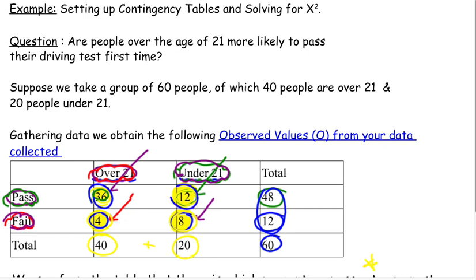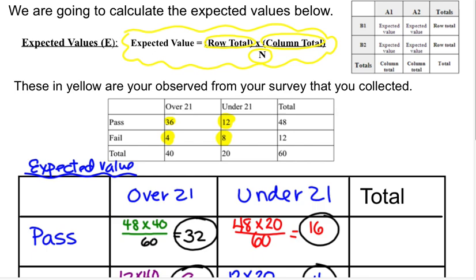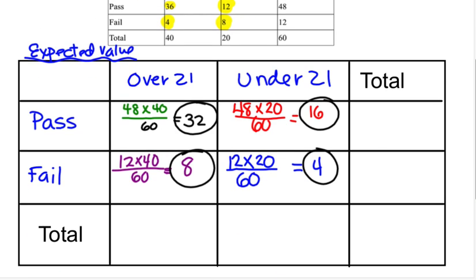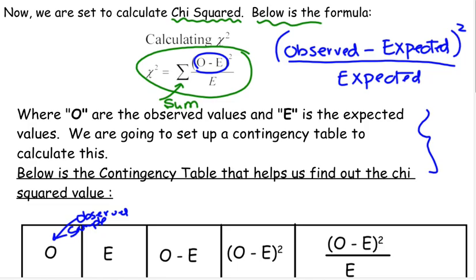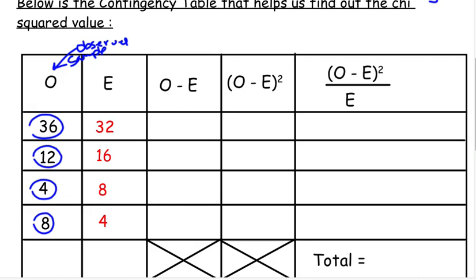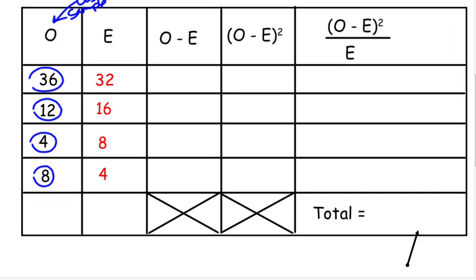Then we calculated, and we got 32, 16, 8, and 4. Those 4 numbers are going to go in your second column. Okay? All right, so now we're going to start to calculate our chi-squared value.